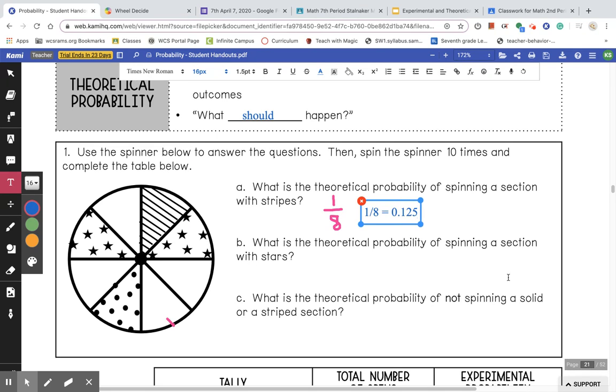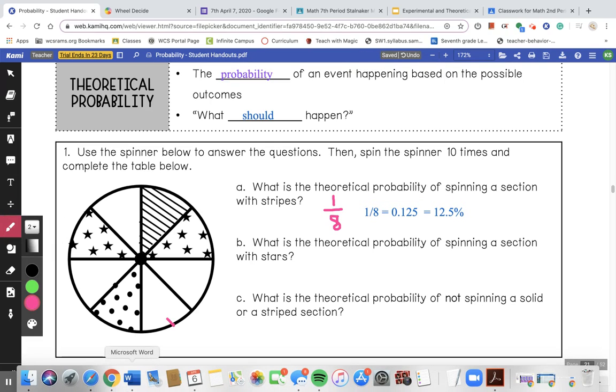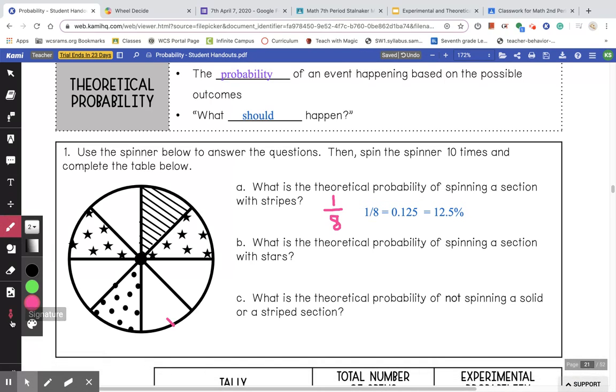And to make that a percent, remember you have to move the decimal over 2 places to the right. So our percentage of spinning a section with stripes would be 12.5%.